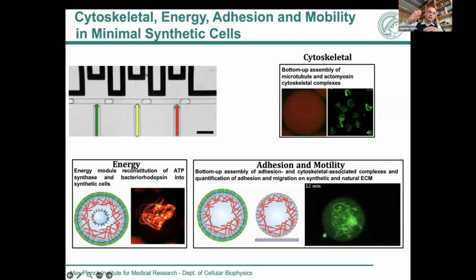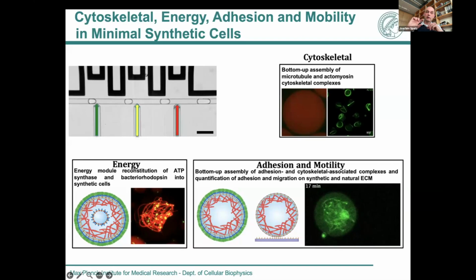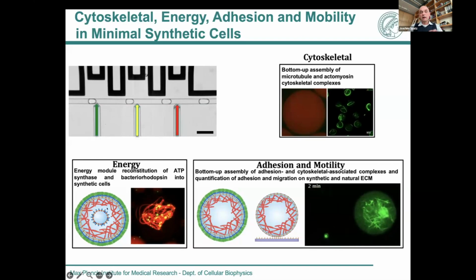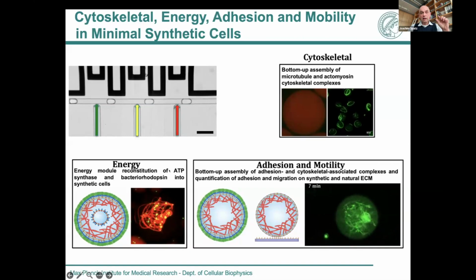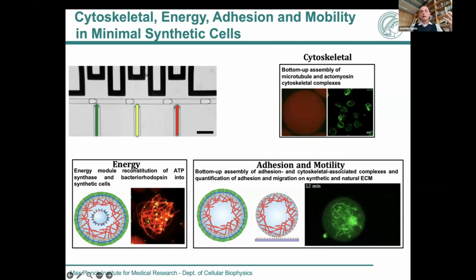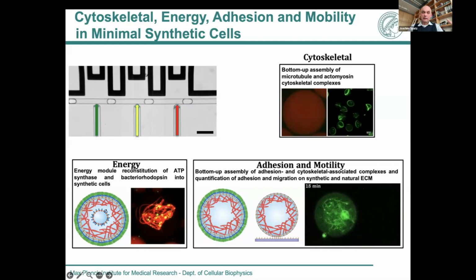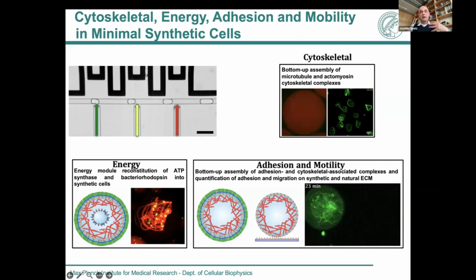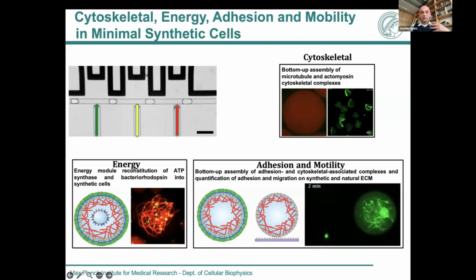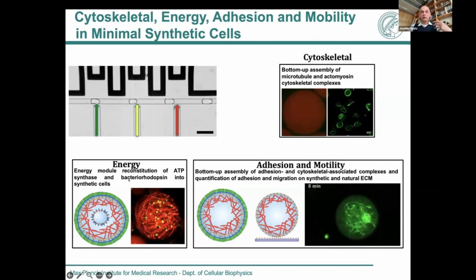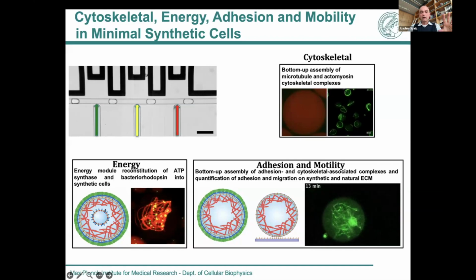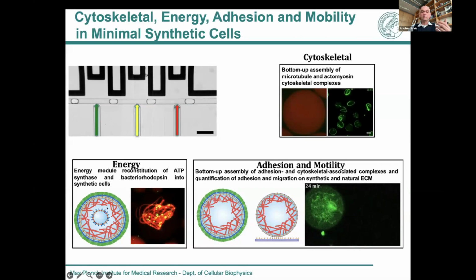Bacteriorhodopsin pumps protons across the membrane, and so generates a gradient between the inside and the outside. This gradient is then seen by the ATP synthase, which generates ATP out of existing ADP. And the bacteriorhodopsin functions by absorbing light. So you shine light, and this generates ATP, and the ATP fuels the myosin, and then you see contraction.